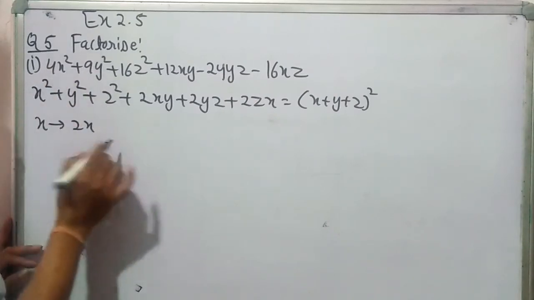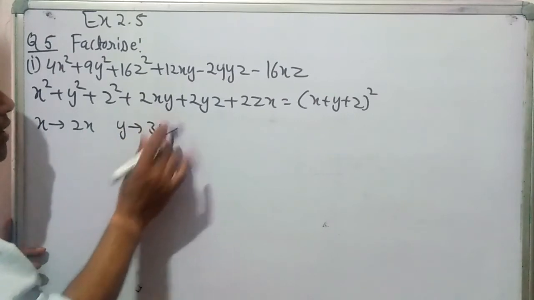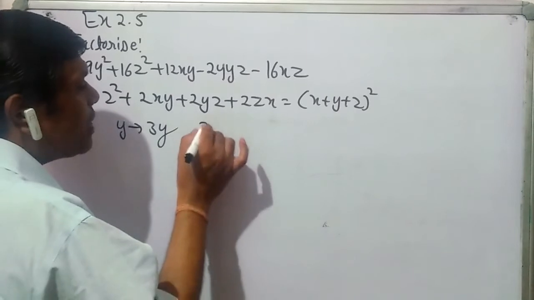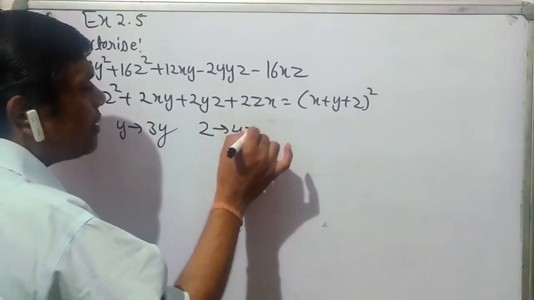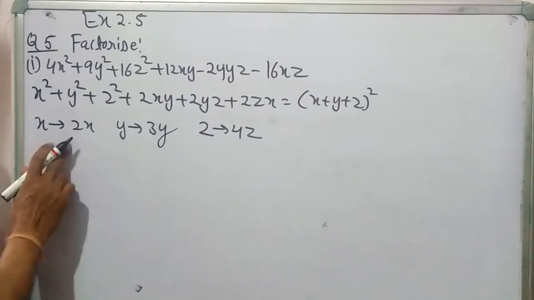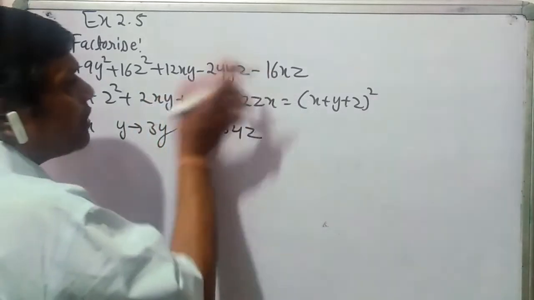Y square is 9y square. So instead of y, we can use 3y. Instead of z square, we have 16z square. So instead of z, we can use 4z. All these three may be positive or negative because we have two negative signs.